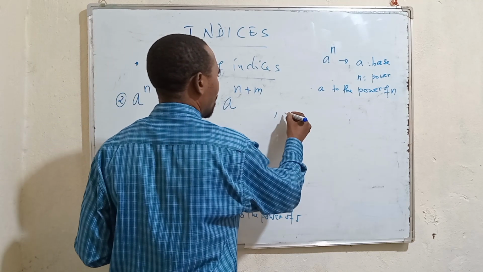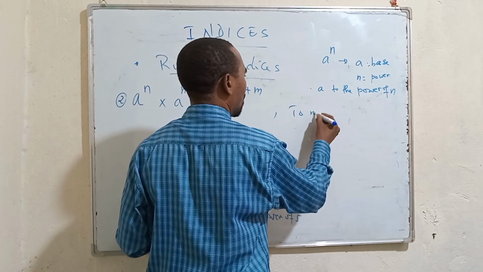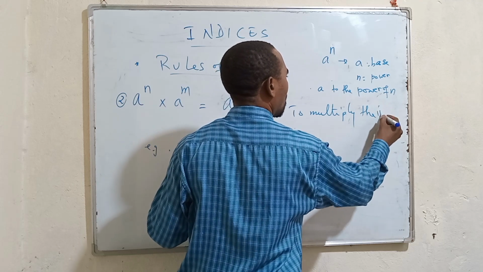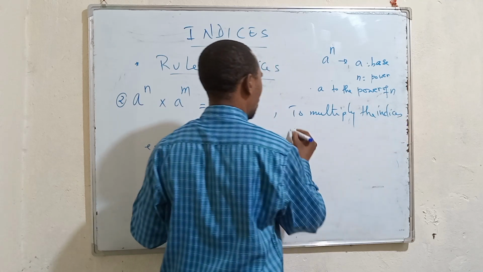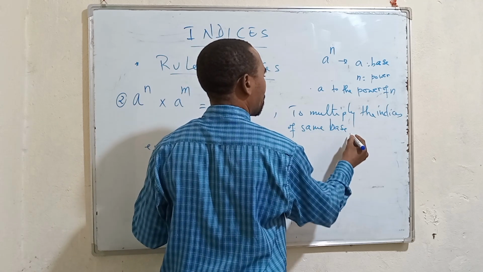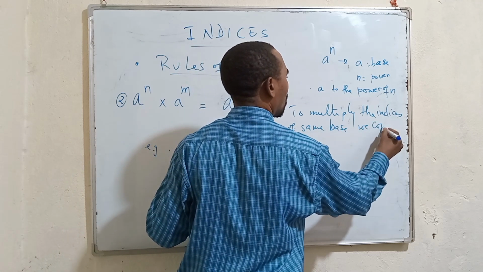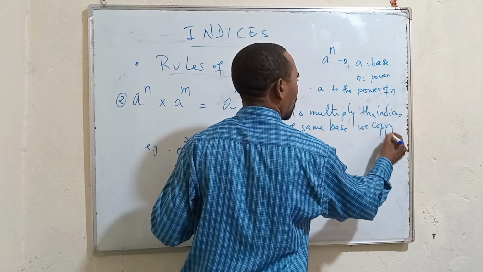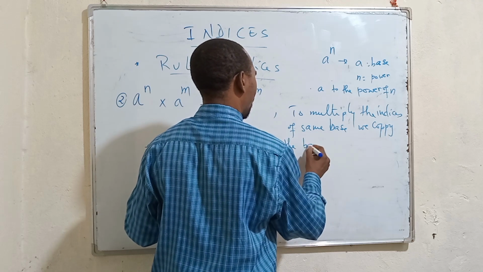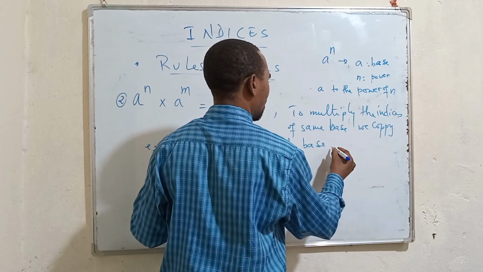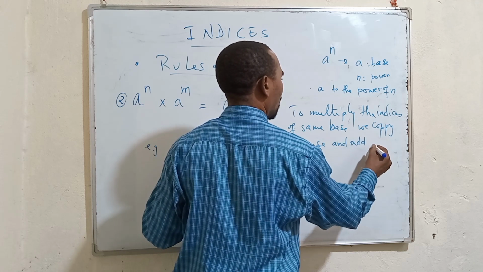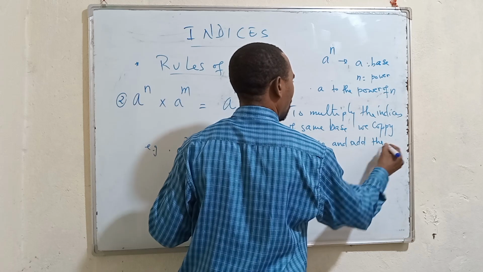It means that to multiply indices of the same base, we copy the base and add the powers.